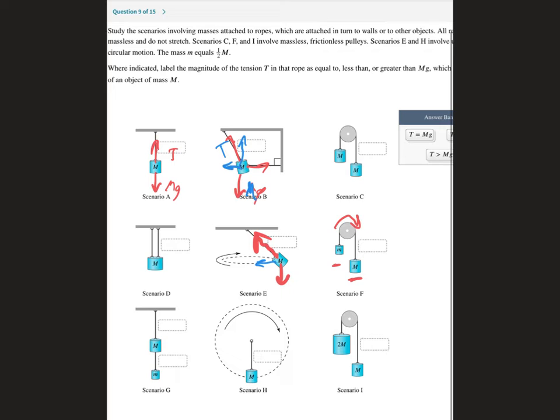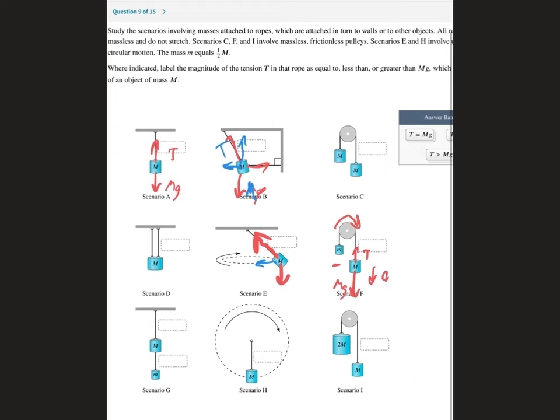If the big M is accelerating that way, that means the net force is going to be down. The downward force is mg. The upward force is the tension. With that information, you should be able to figure out the relationship between T and mg.